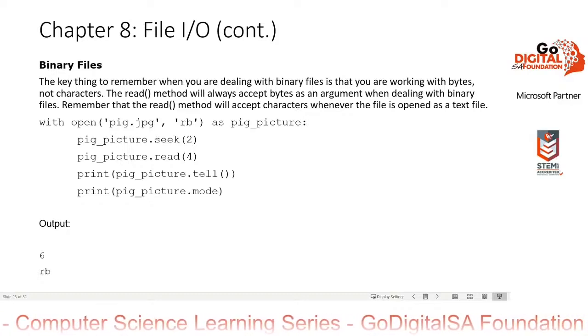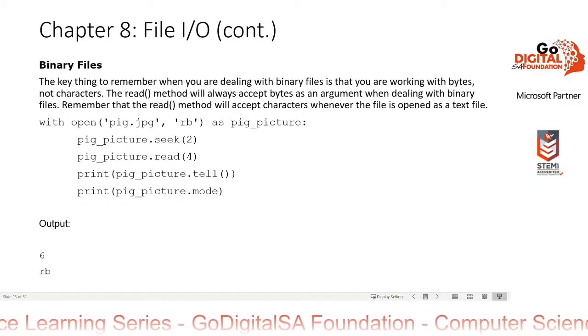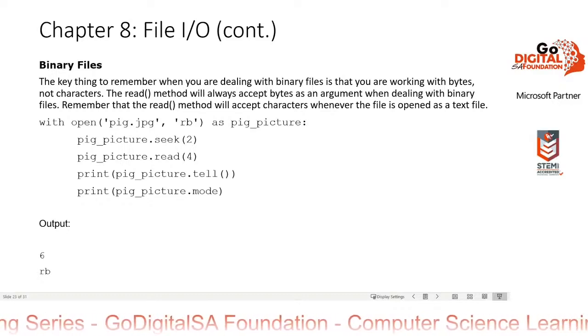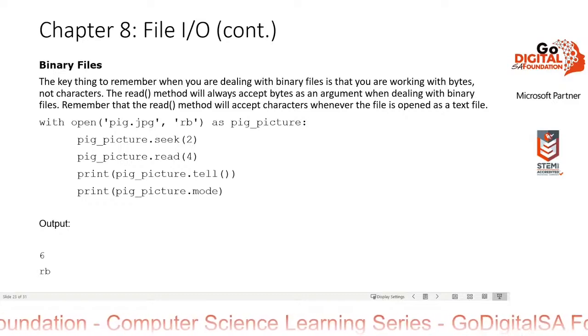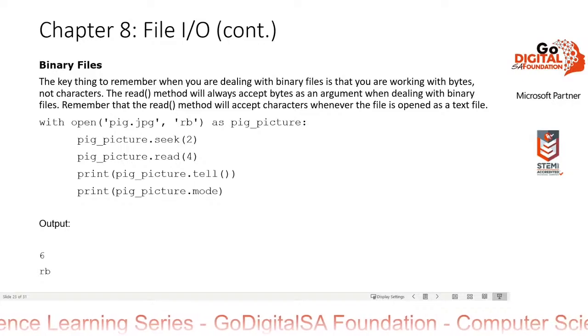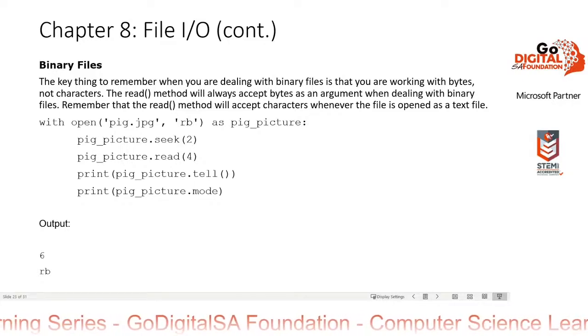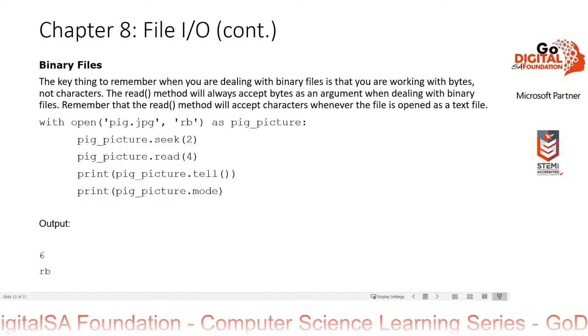Okay, so in this case, we have a with open. We're opening a file called pig.jpg, and notice that this is now a relative path. It doesn't show subfolders, so this file needs to be in the same directory as the application. And it's being opened as a read-only binary file.